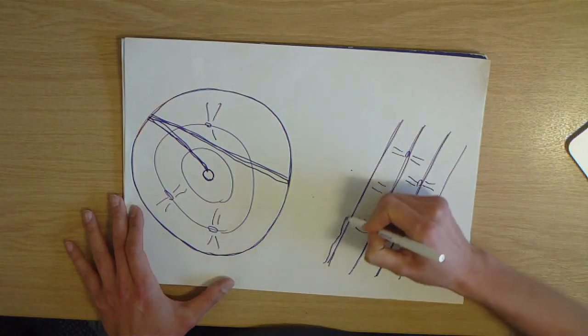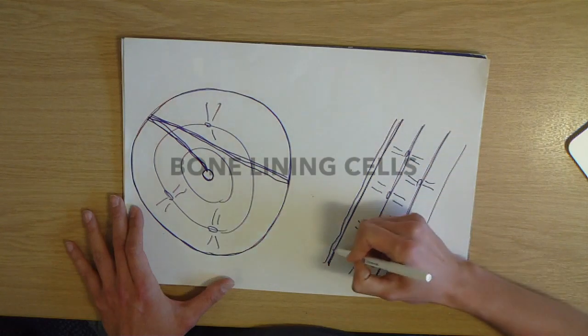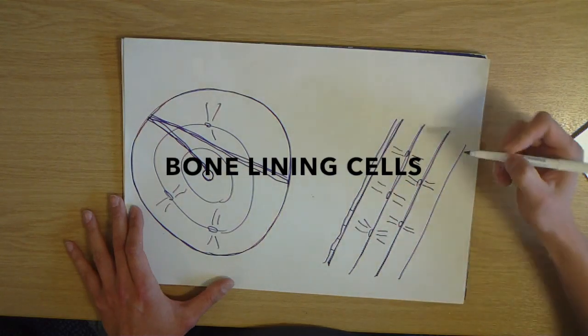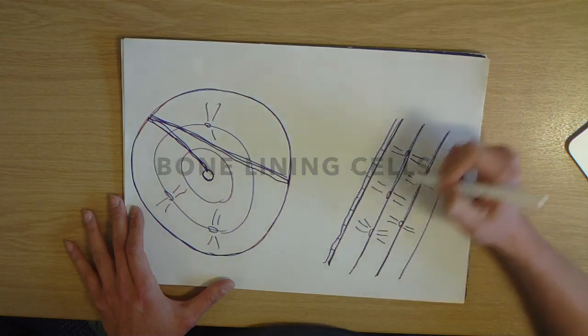Particularly important in cancellous bone, on the surface of the trabecula are the bone lining cells, which are flattened osteoblast derived cells.